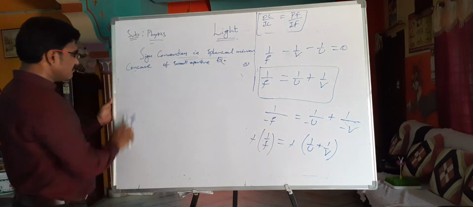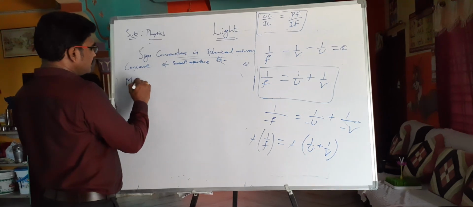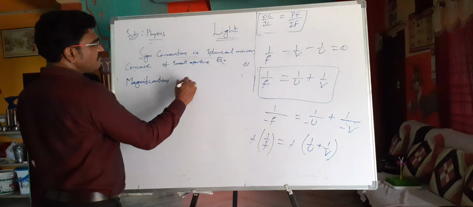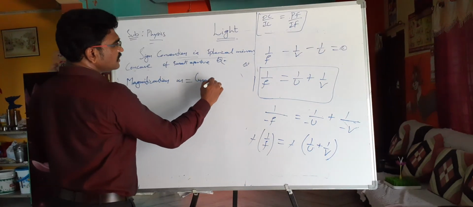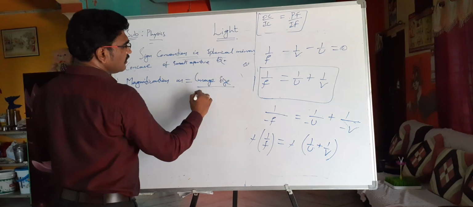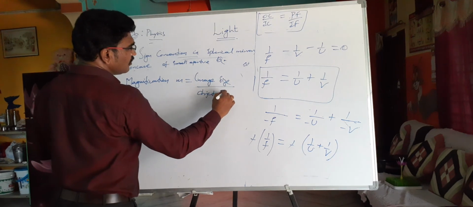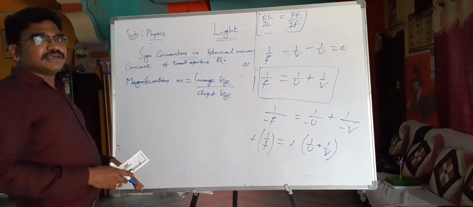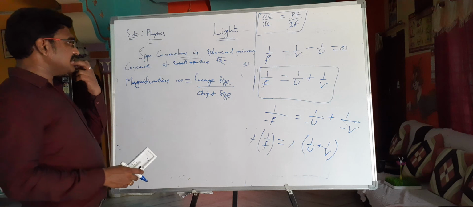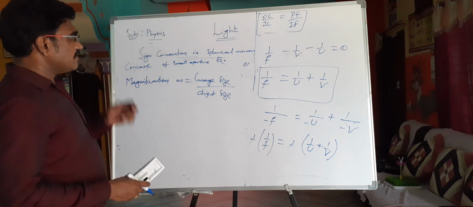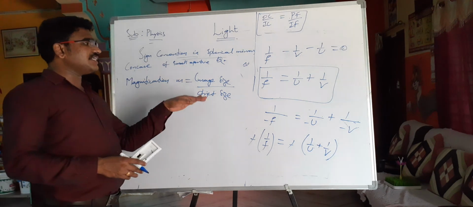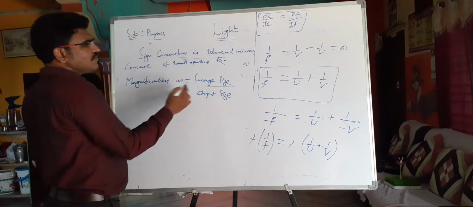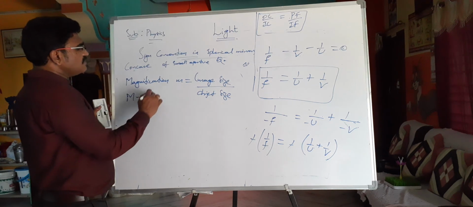And also at the same time, magnification means that small m is equal to image size by object size. If image size is greater than object size, we say it is magnified. If image size is less than object size, it is diminished. Very simple. In a plane mirror, image size is equal to object size, so magnification m is equal to 1.